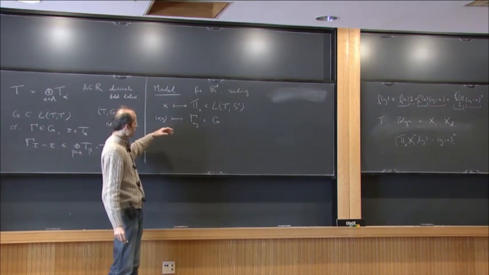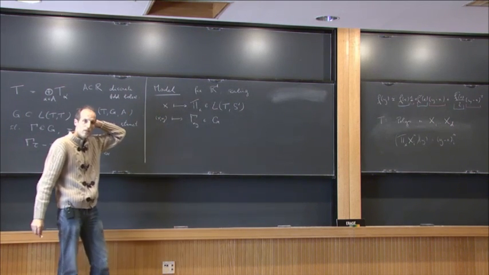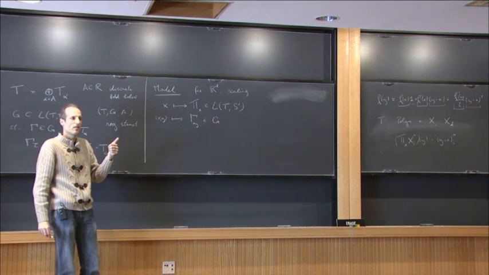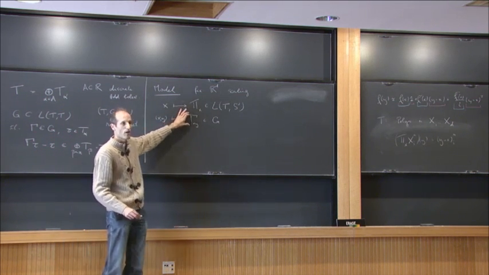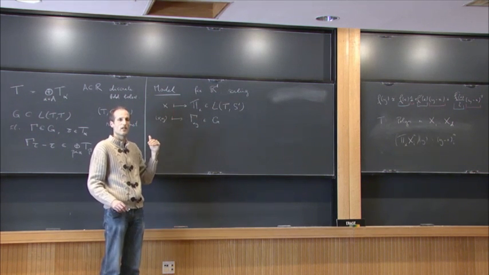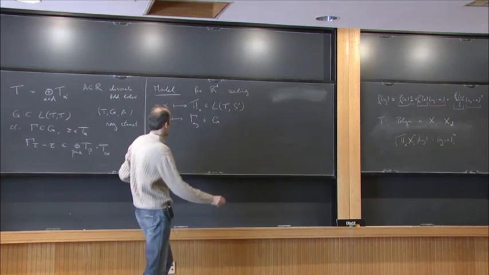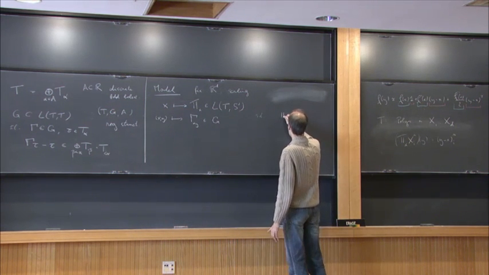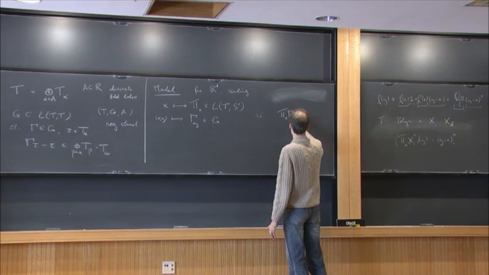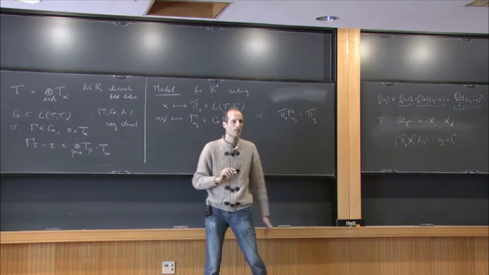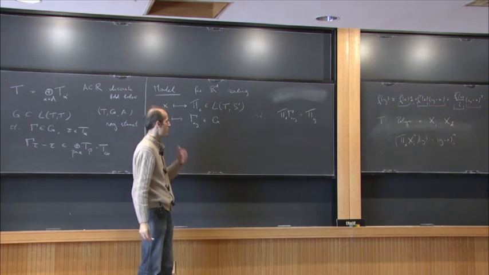And now the first thing we want is that we want this operation to really correspond to taking an expansion around y, re-expanding around x. And what this means is that we would want pi x composed with gamma xy to be equal to pi y, okay, for any 2 points x and y.